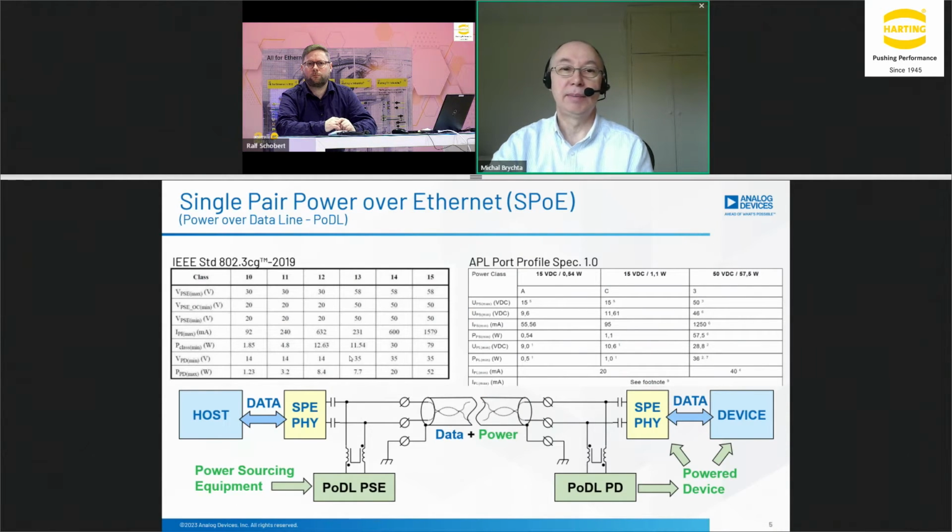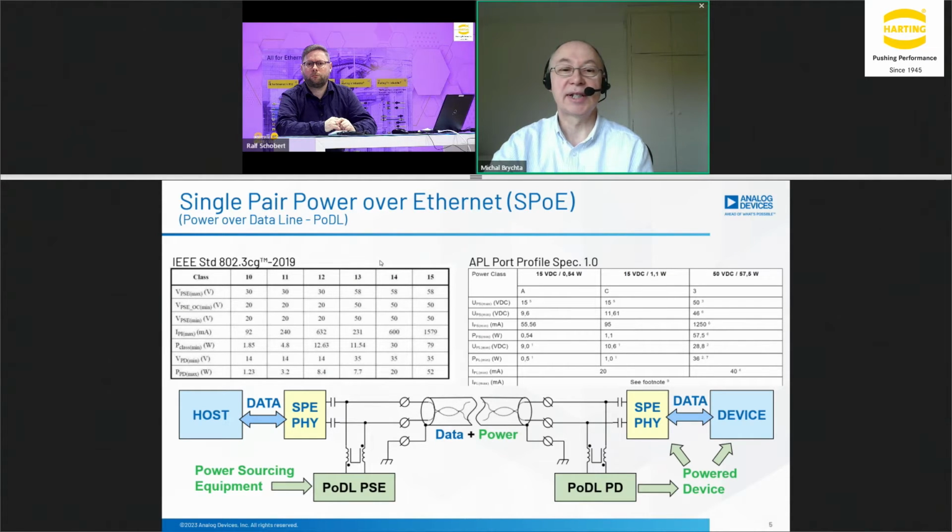So single pair power over Ethernet, the SPoE shortcut. You may have also heard power over data line, PoDL. The SPoE is becoming more the IEEE term for the SPE for industrial, buildings and other applications.